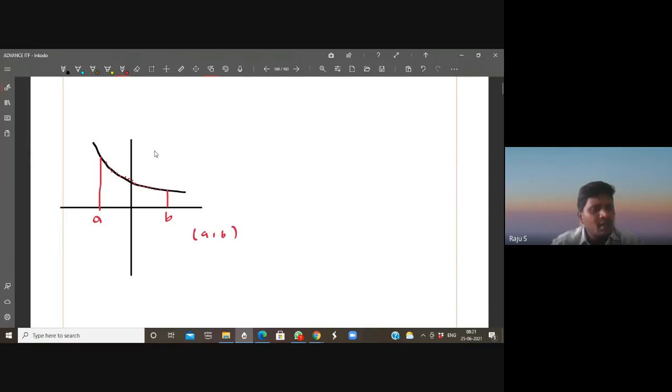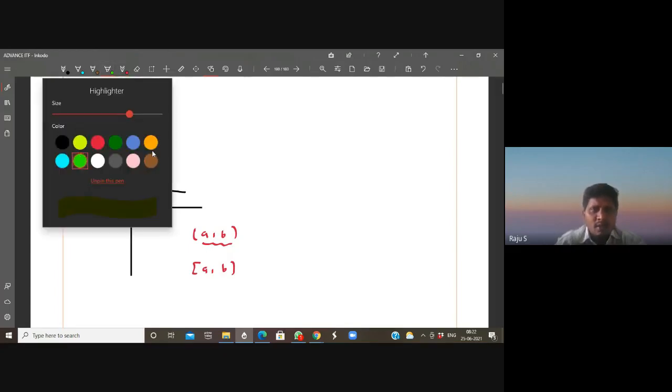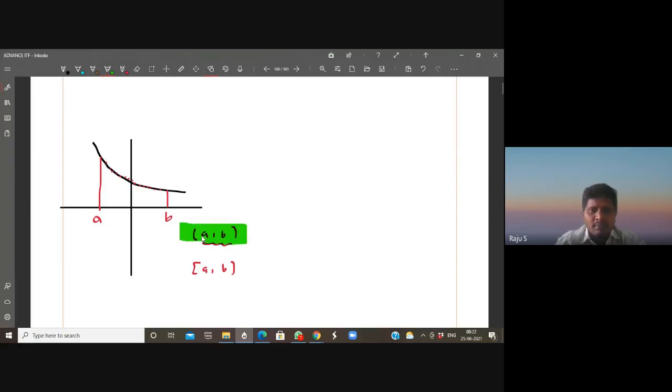Nothing but there is no break at all. If we draw the graph of the curve without lifting the pen from a to b, then we can say that it is continuous in the interval a comma b. If I take the closed interval a comma b, it means it is continuous at every point in the open interval a comma b, as well as at the endpoints of the interval, a and b also.